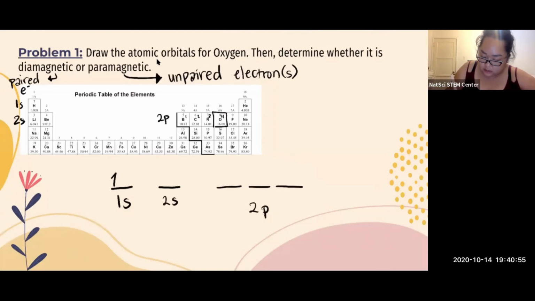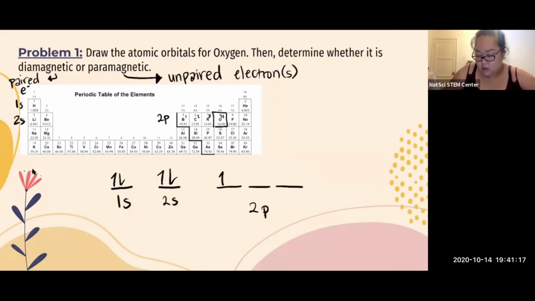1s is filled, 2s is filled. Now we have to fill each orbital once before we go back in to fill them again. That's Hund's rule. Hund's rule states that you have to fill them each before going through again.